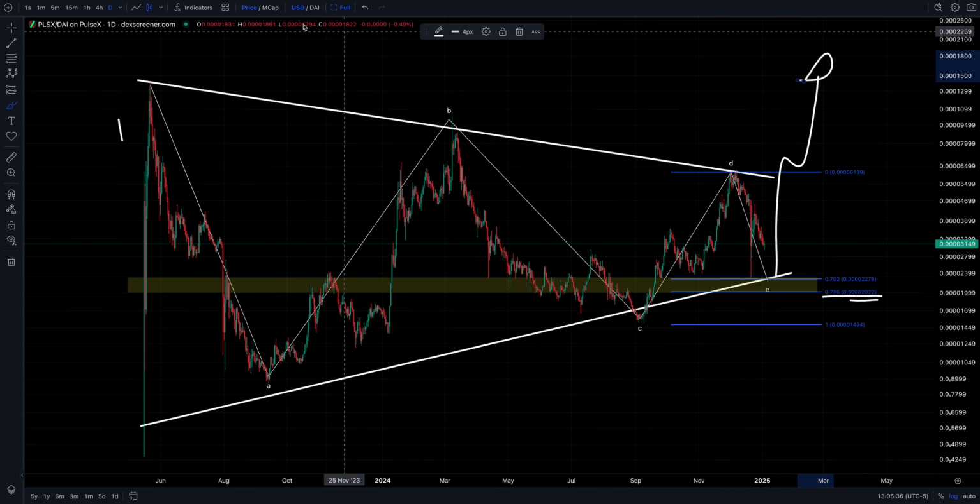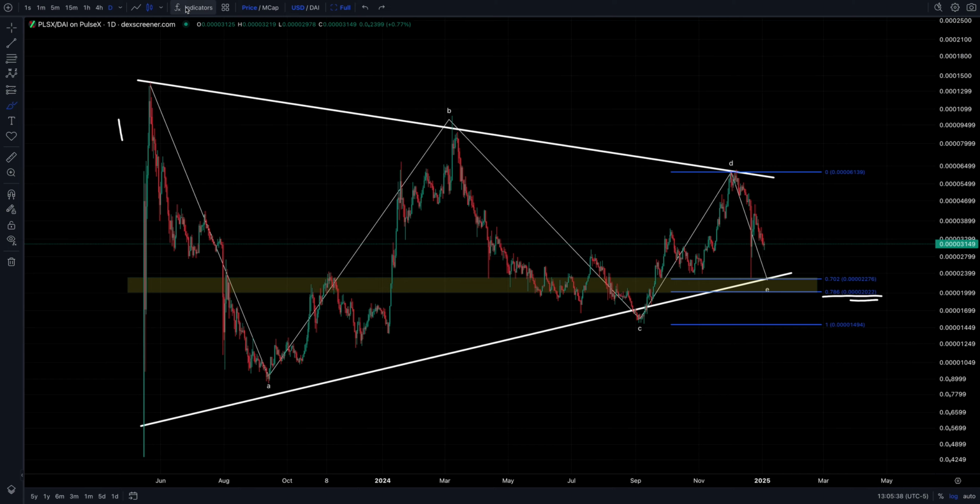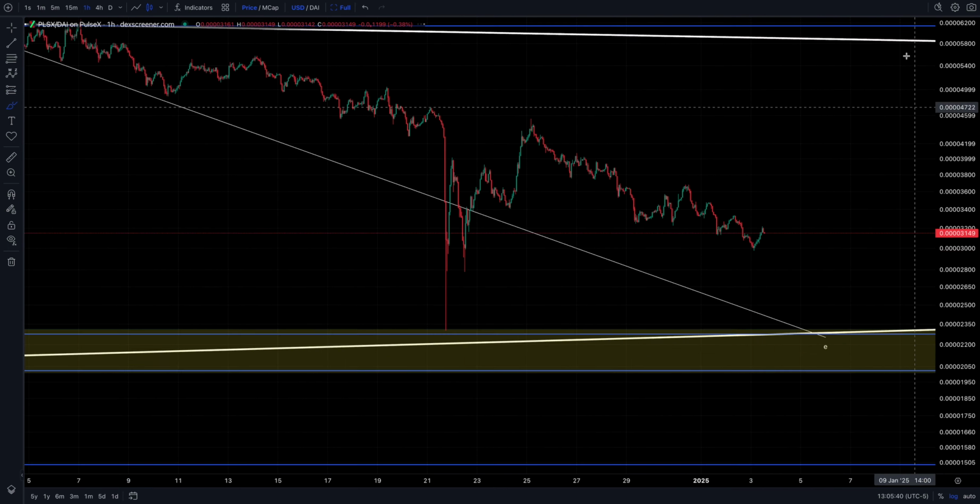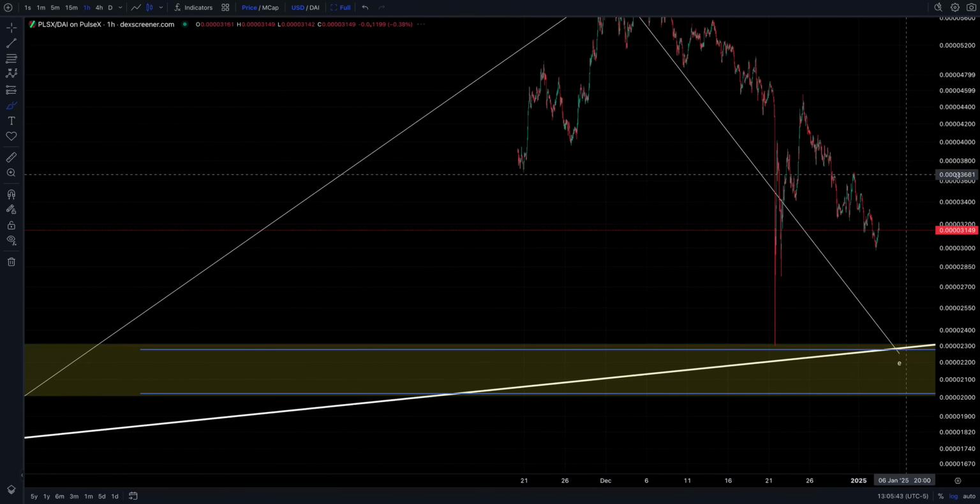Now, in order for us to get this push, we need to see two things. So we can drop down to the small time frame over here and analyze what's going on.